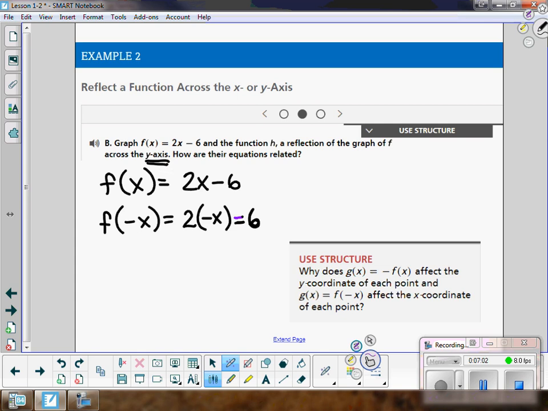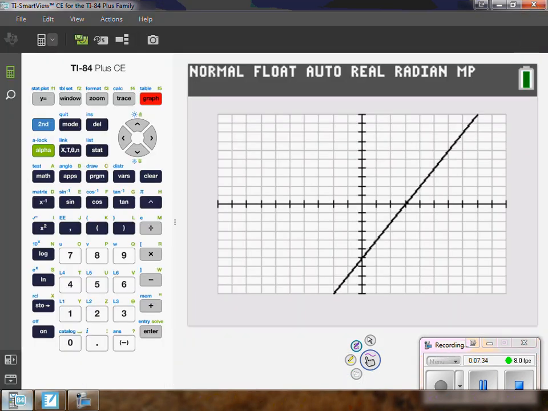So 2 times negative x minus 6. What we have here then for the reflected function, negative x times 2 is just negative 2x, and we have negative 6 as our y-intercept. And that would be the equation that would produce that reflected line.